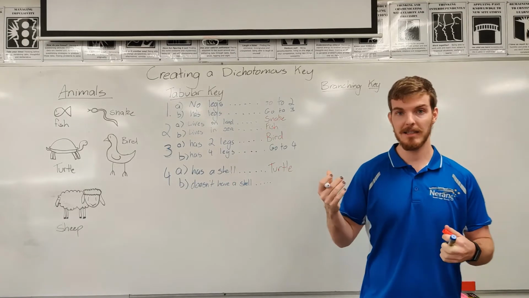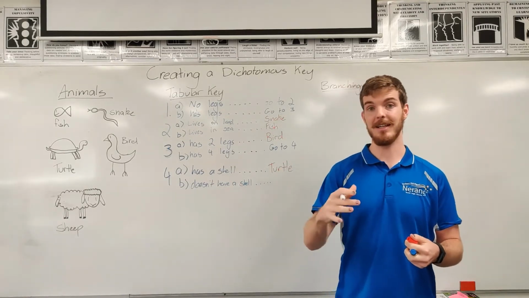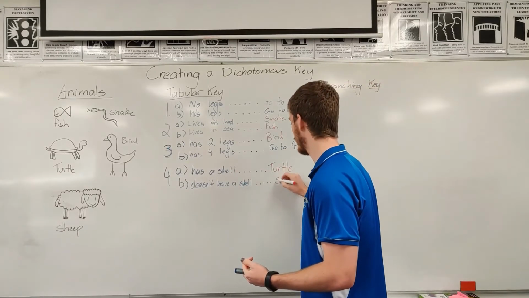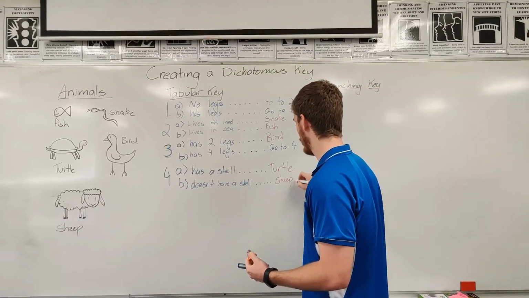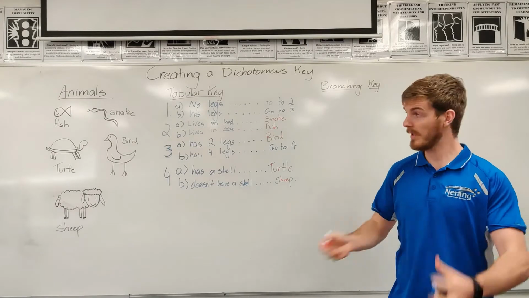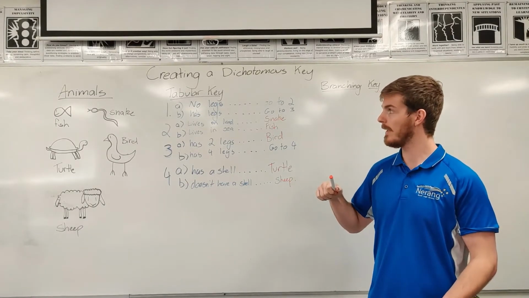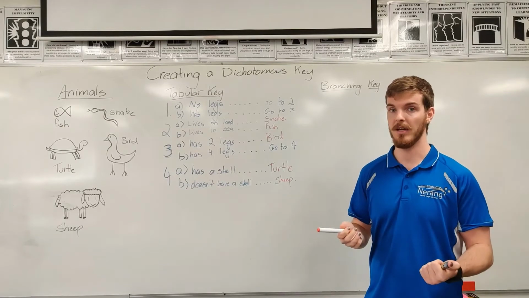Whereas if it has legs and it has 4 of them, but it doesn't have a shell, it is going to be a sheep. And with that, you have now completed your tabular dichotomous key.